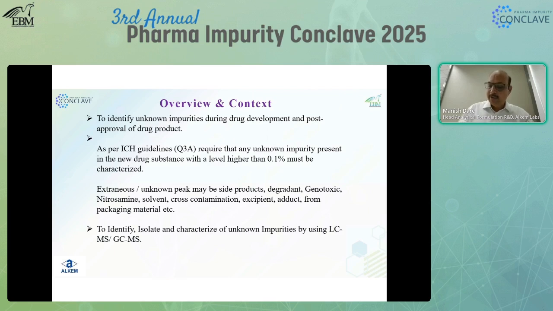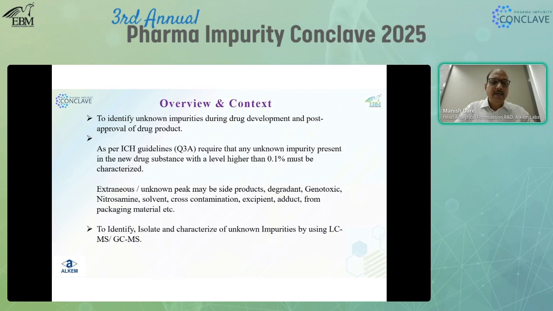Within the matrix, it may also form an adduct. NTA may also come from the packaging material, so you might have heard about leachables and extractables. That is the reason we perform the L&E study for parenteral and ophthalmic products. The impurity may come from the environment and packaging material as well.